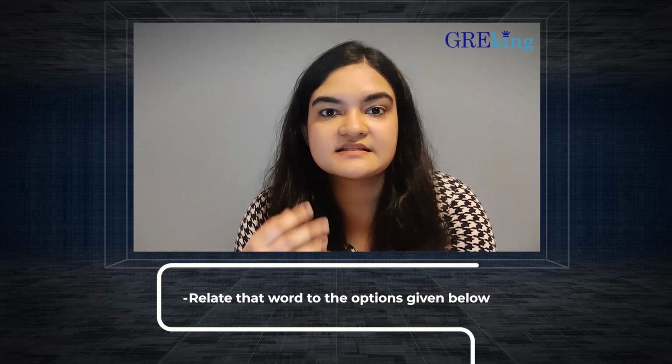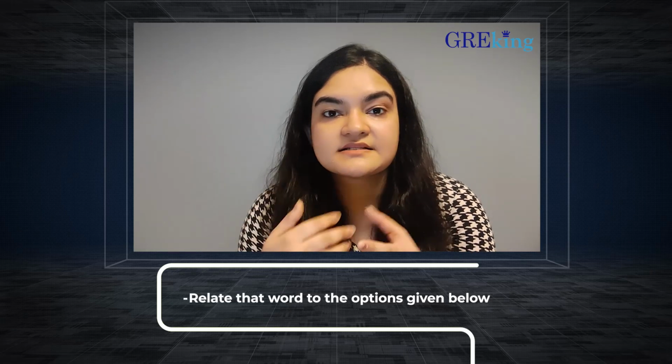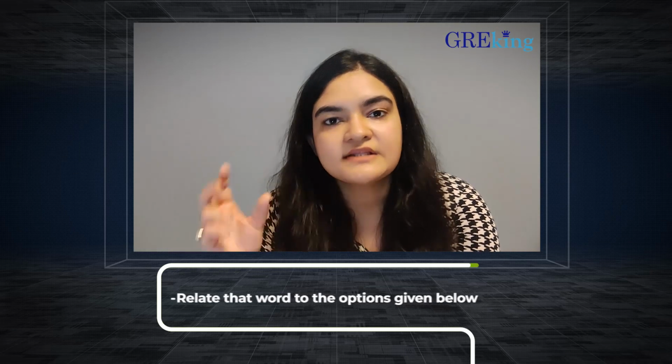And the second thing that you have to do is match that word. It may not be a proper word, but you should be able to relate to what the sentence means, or what the sentence is trying to tell you. Once you get that word, you have to match it with the most appropriate option given there.